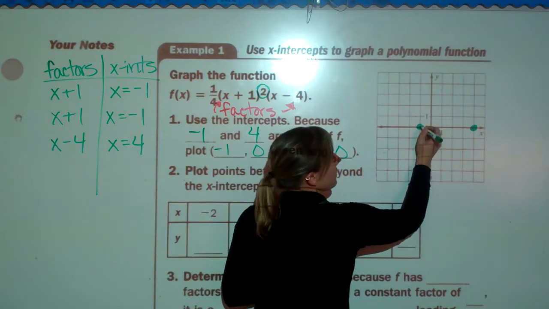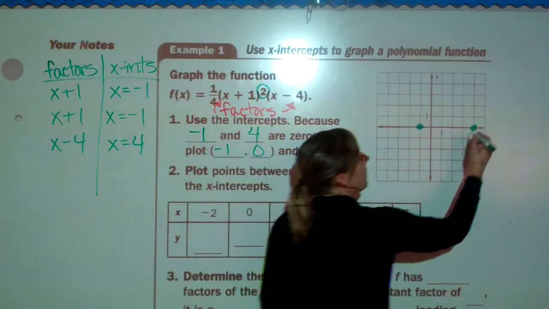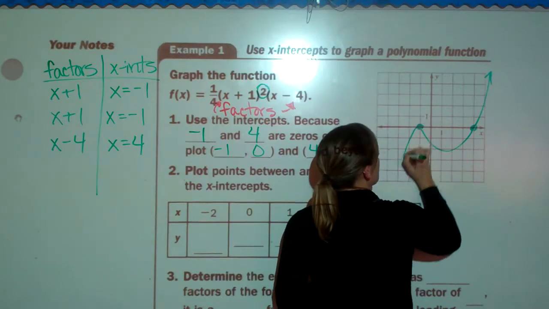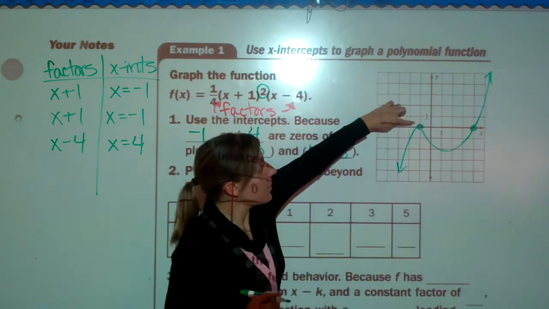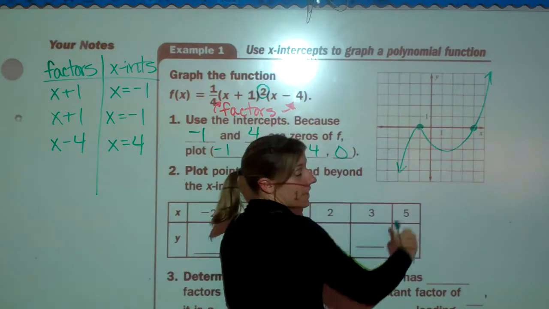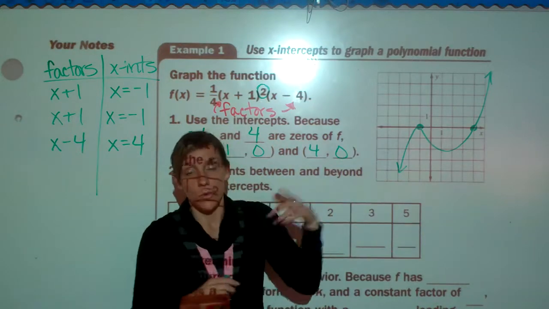So the graph looks something like this. Because it's positive, that means it goes up on the right. Then we bring it down, it hits there, but then it bounces back down. This part right here counts, instead of coming up and back down, because of this little 2, it actually just brushes it. And we're going to talk more about that.